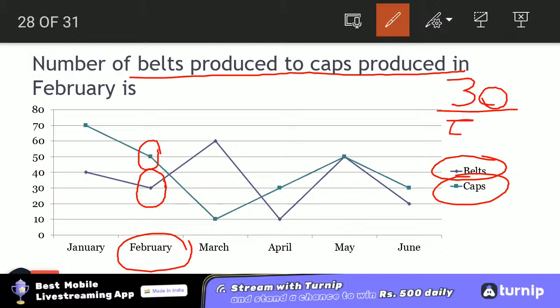So you just need to tell the ratio. That's simple. And what would the answer turn out to be? The answer turned out to be 3:5. So the number of belts produced to the caps produced in February is 3:5.